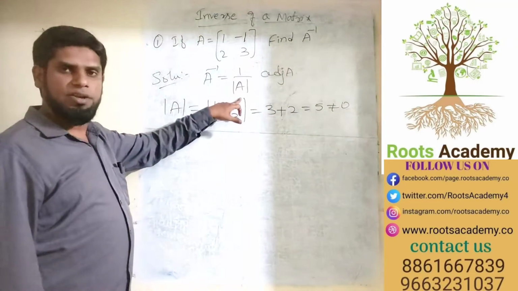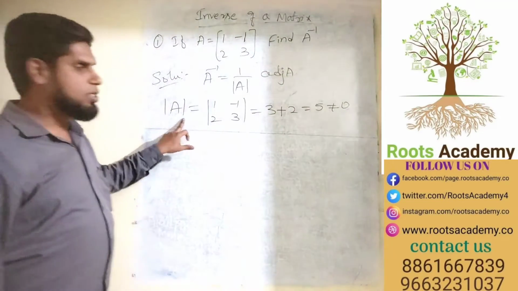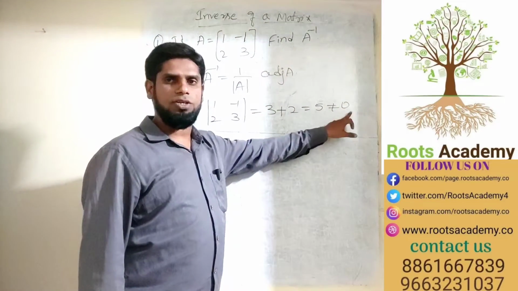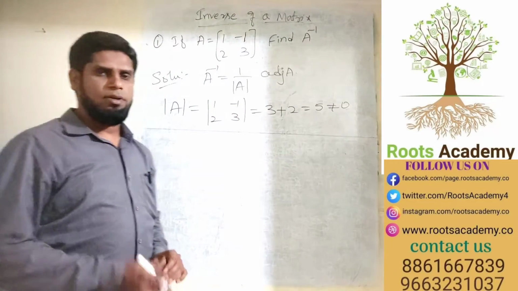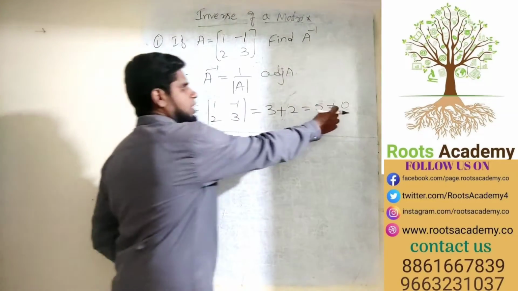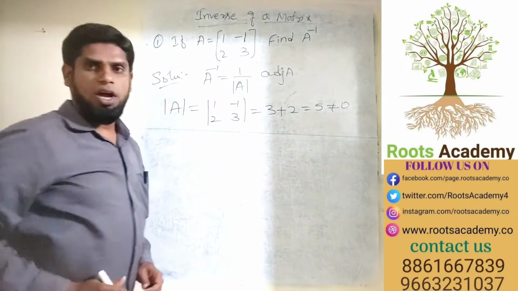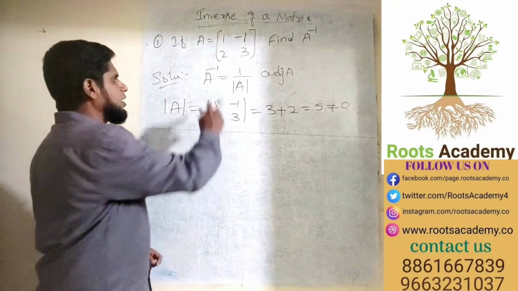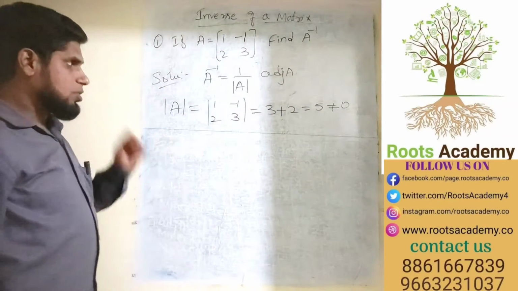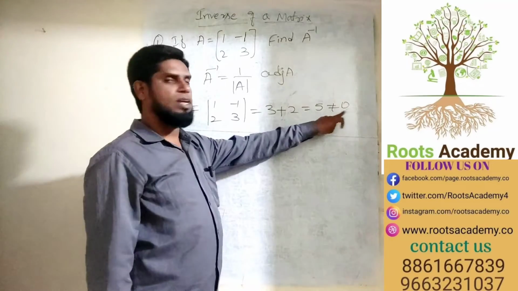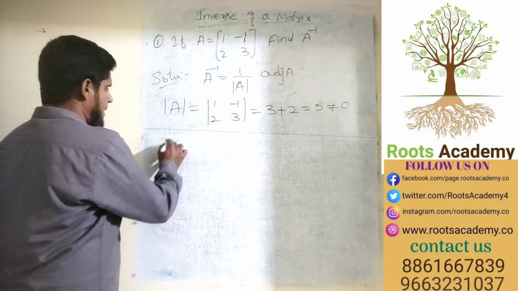And in our inverse, the denominator part is determinant A. So this must always be not equal to 0. It can be positive or it can be negative. If it is equal to 0, then we need not find any adjoint. We will declare that inverse does not exist. So students, here I got 5, which is not equal to 0. So let me find the adjoint now.